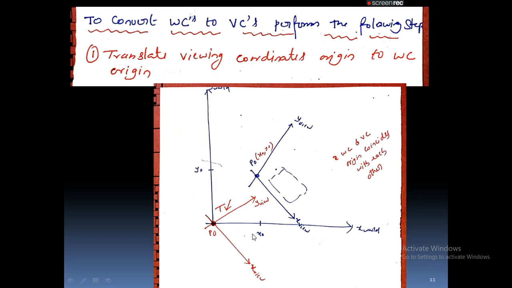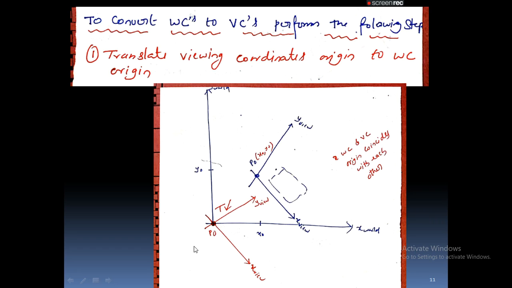Once you translate that viewing coordinate reference frame, or the entire window, to the origin of the world coordinate, you can see how it looks. I am using blue color. This is before translating the P naught point from the arbitrary position to the origin of the world coordinate. As soon as I perform the translation, that P naught coincides with the world coordinate.